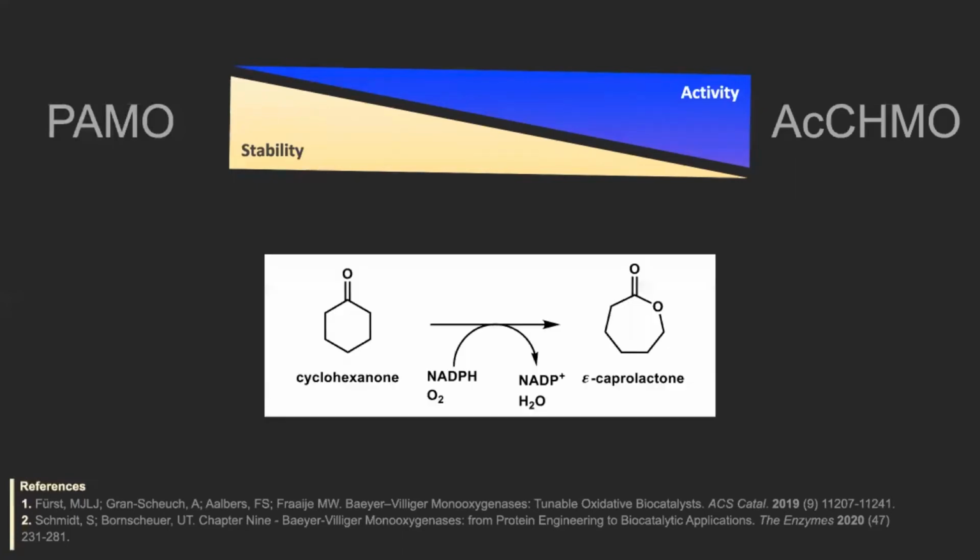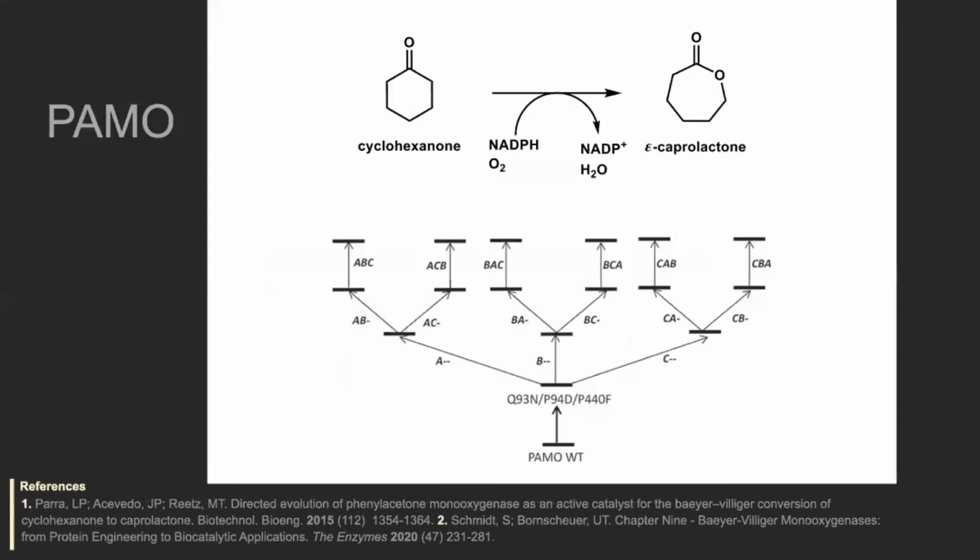And one example is from the group of Reetz, where they use a technique in directed evolution called CAST, which is combinatorial active site saturation mutagenesis. In this case, from the PAMO wild type, they create a triple mutant that was already observed to have some trace activity on cyclohexanone.